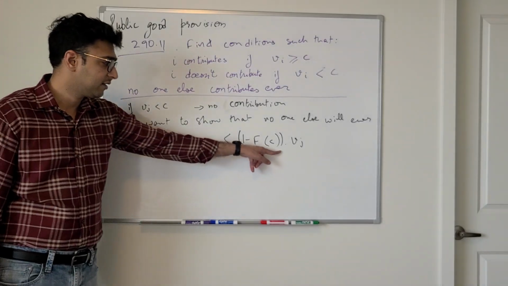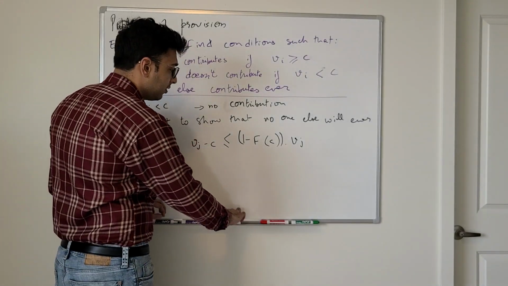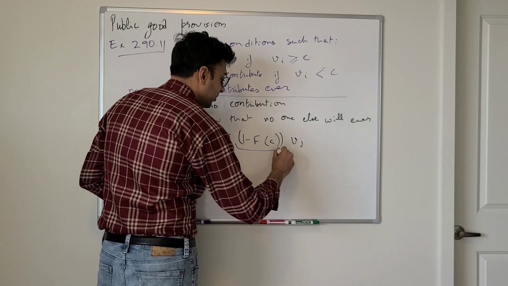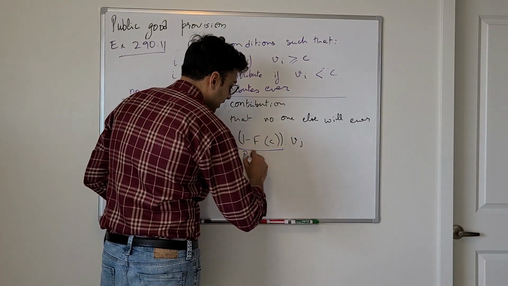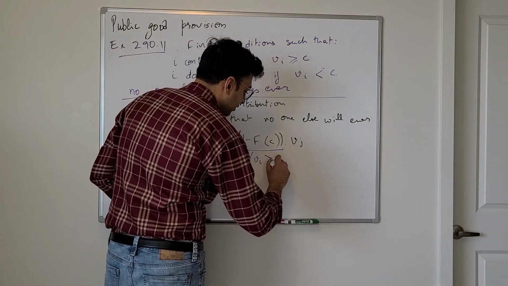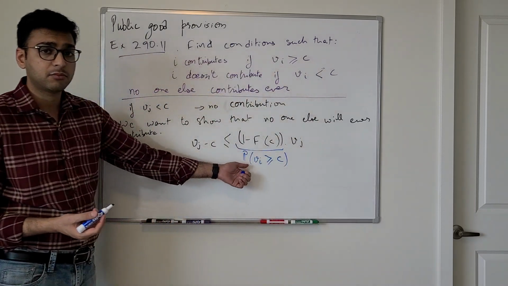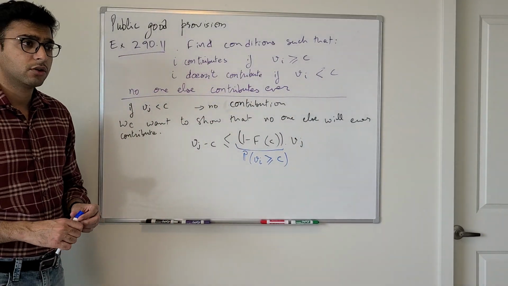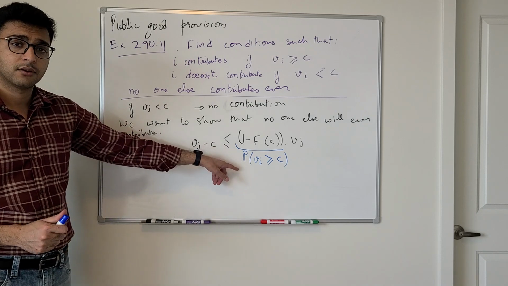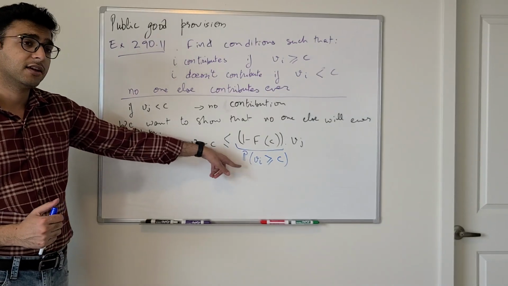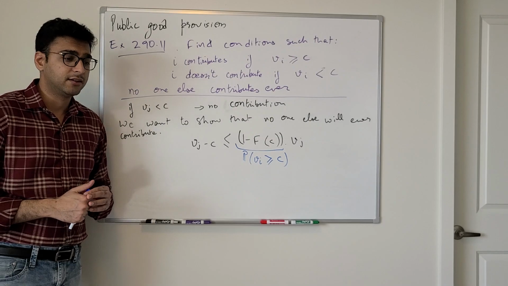What this 1 minus f of C is capturing is the probability that Vi is greater than or equal to C, which is basically the probability that, sure, you're not contributing, but player I is. This is the probability that player I has a valuation that is at least C.